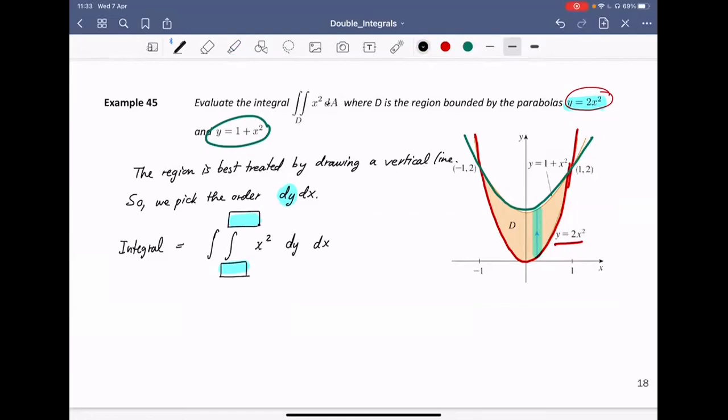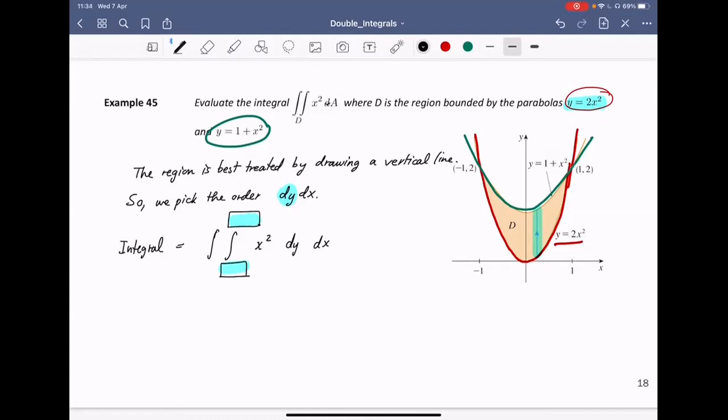Okay, someone says 2x squared to, yeah, I mean, green to red, red to green. I don't want the answer red to green or green to red. I want an equation. So y from what to what? Okay, most of you say 2x squared to 1 plus x squared. Is it right?